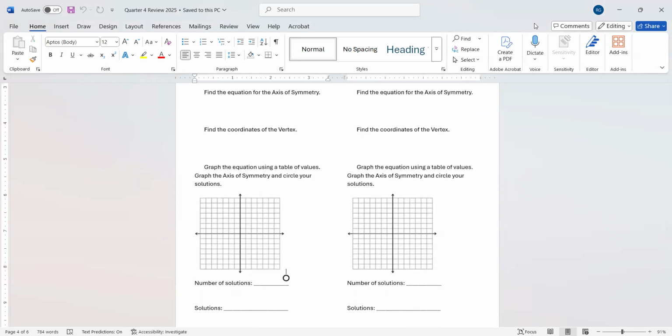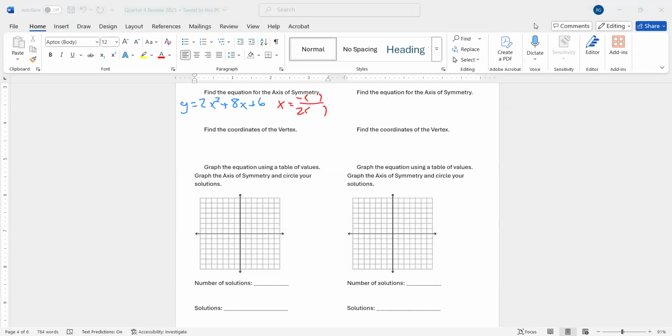All right, now I'm going to rewrite my equation. 2x squared plus 8x plus 6. I think that was what it was. Let me check real quick. Yep, okay. Let's find the axis of symmetry. So I'll change colors just so we're not confused. So it's x equals -b over 2a.